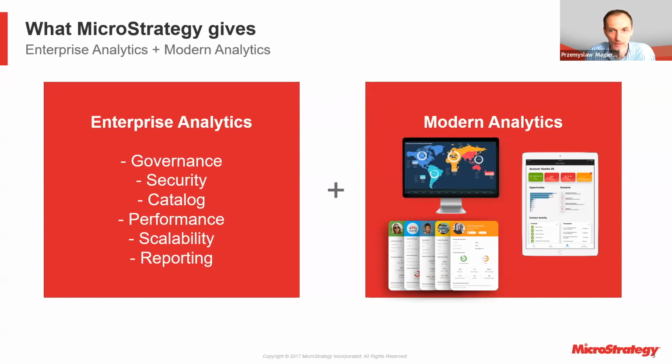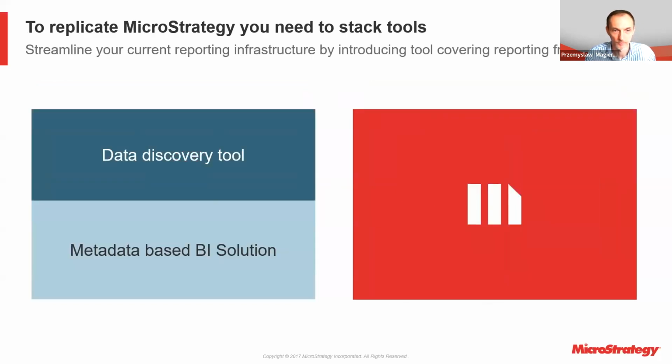So apart from the nice and modern analytics, the companies typically need also governance, security, the information stored about the logical entities of the model in a catalog. And this all should be performant, scalable, and could be used and reused multiple times in various reports.